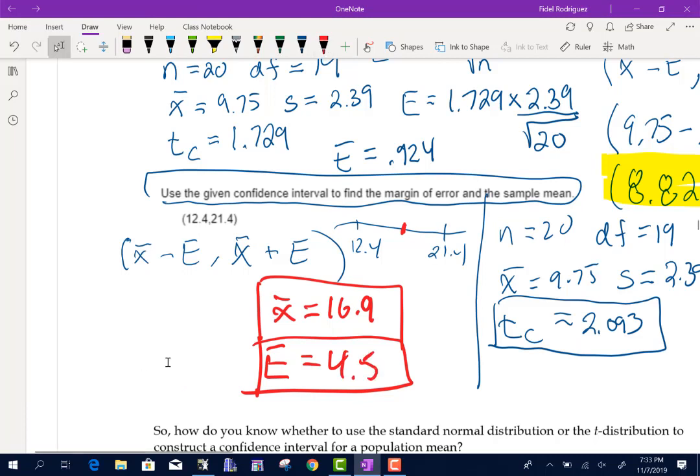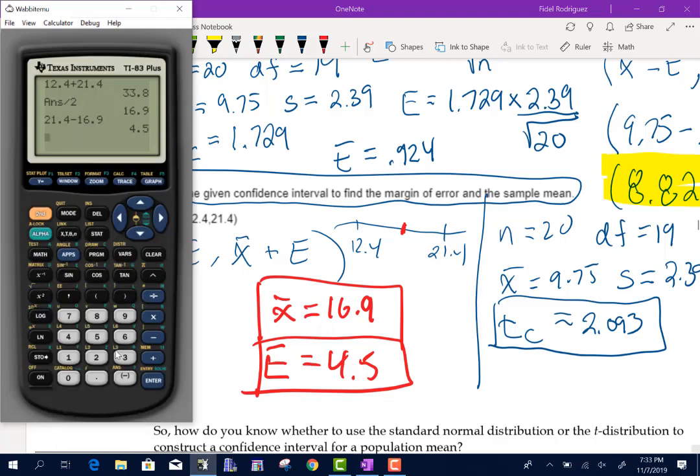Or the other way, instead of 21.4 minus 16.9, couldn't we take 16.9 minus 12.4? Wouldn't we still get 4.5? Because we're looking for that point in the middle. If the mean is 16.9, then we go 4.5 this way and 4.5 that way. Whichever way you do it, you should come up with the same answer.